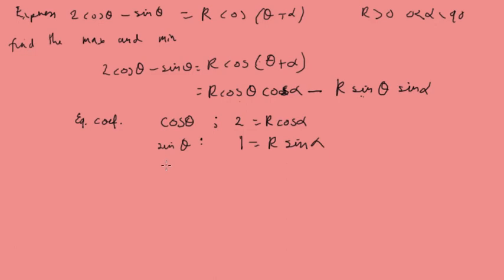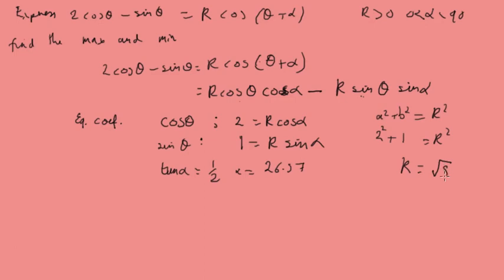Then we divide them, so we get tan alpha must be equal to a half, so alpha must be equal to 26.57. Next, a squared plus b squared equals r squared, so 2 squared plus 1 equals r squared. That's going to be 5, so r is going to be the square root of 5.